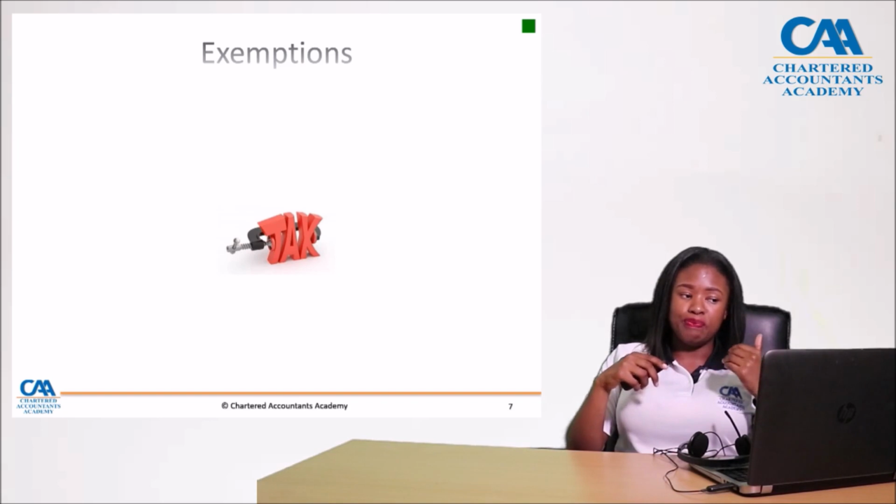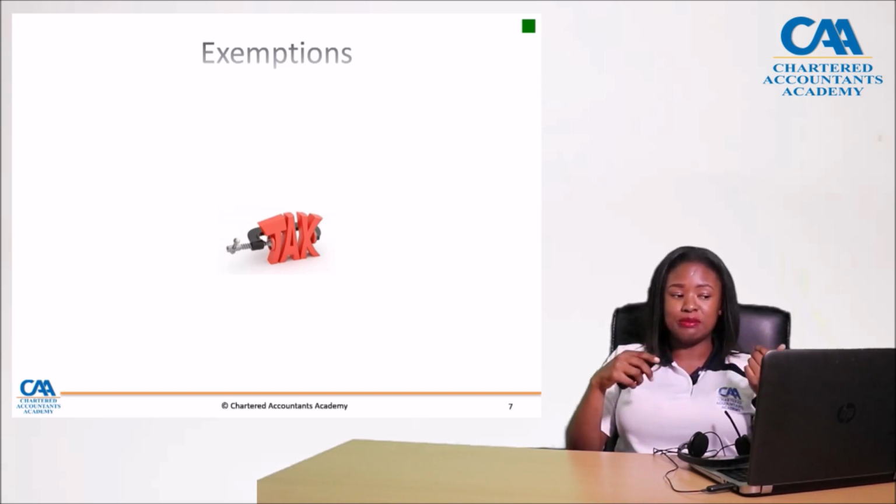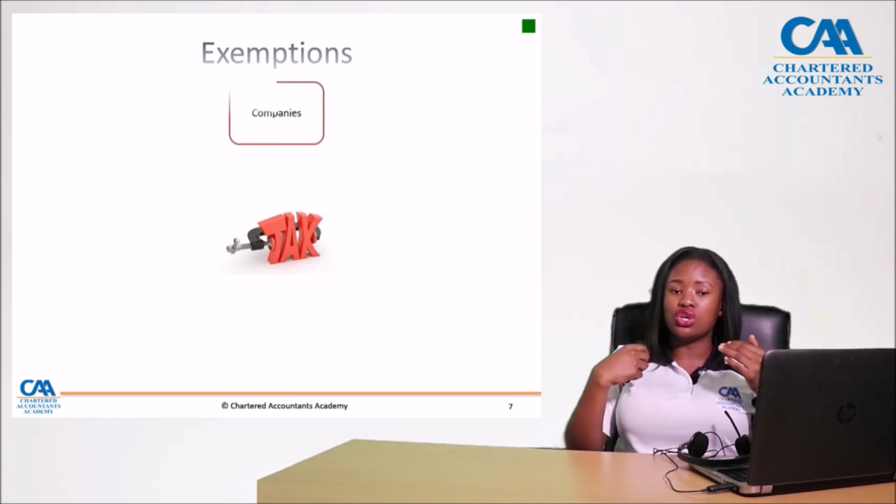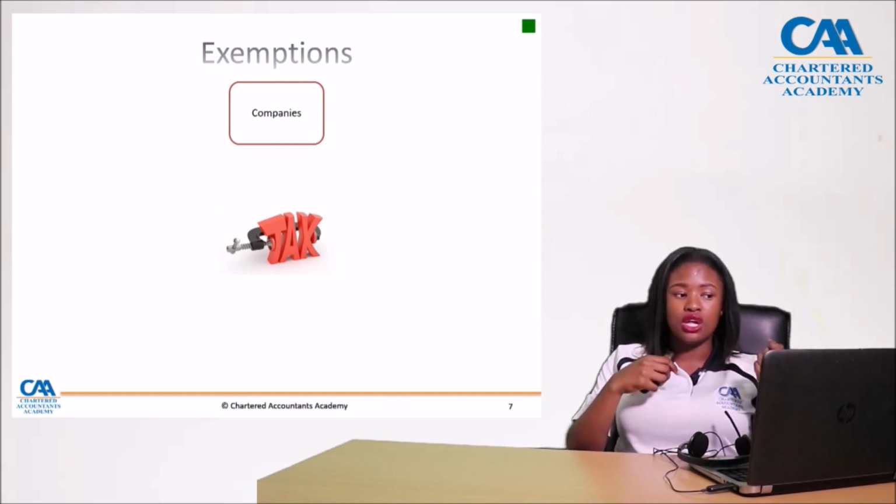Some of the examples of where there is an exemption are certain companies which are specifically excluded from paying tax. These are your statutory corporations and your local authorities. Those ones are exempt from paying tax.